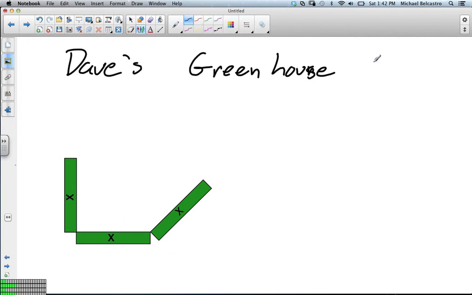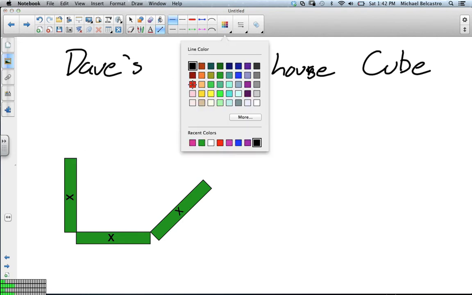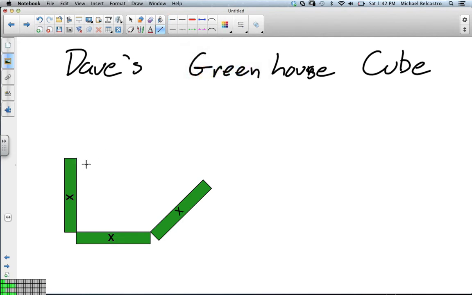Okay. Dave's greenhouse is going to be a cube, which means the length, the width, and the depth are all the same. Okay. So I know these look funny, but this is what we're talking about in terms of representing something that's a cube. It's 3-dimensional. Okay. Now we don't have a tile for it, but we're going to try to imagine this.